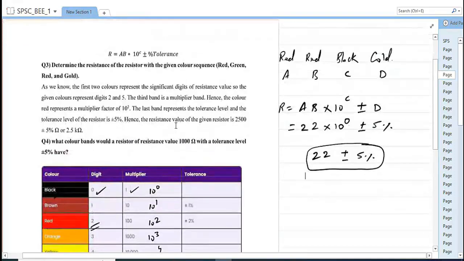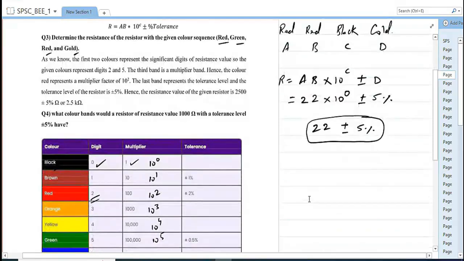Now read this. Determine the resistance of the resistor with a given color sequence. Now this is the question: red, green, red, gold. Will you try to solve this question? These questions come very frequently in SPSC examinations.